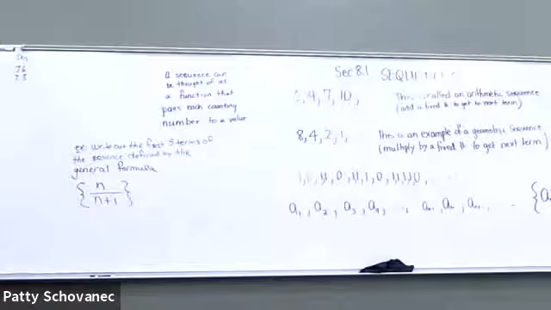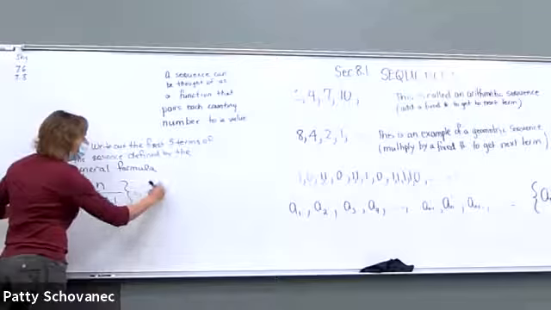There's the rule that describes it. A sequence of numbers formed by taking n divided by n plus 1, where n is a counting number. So my first counting number is 1. When n is 1, the first term in my sequence is 1 over 2.